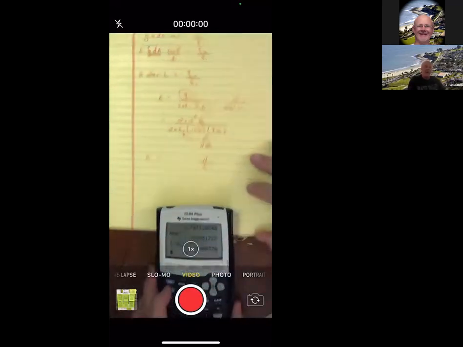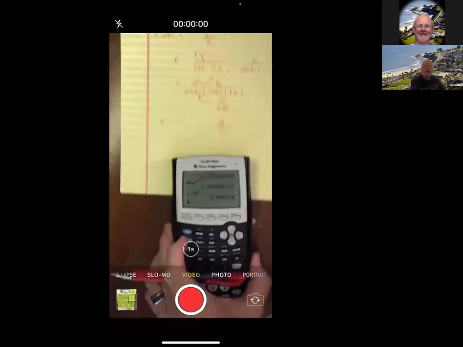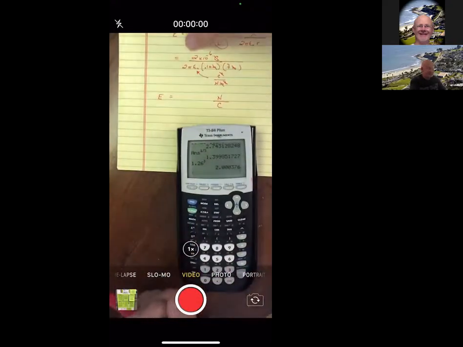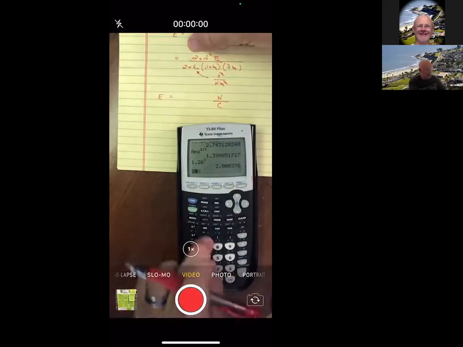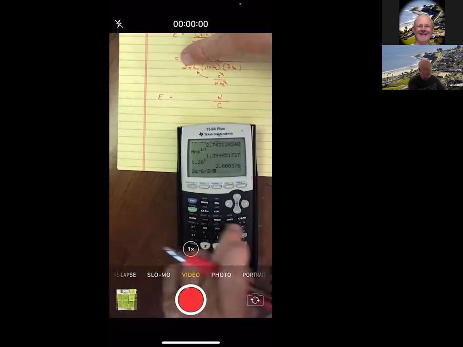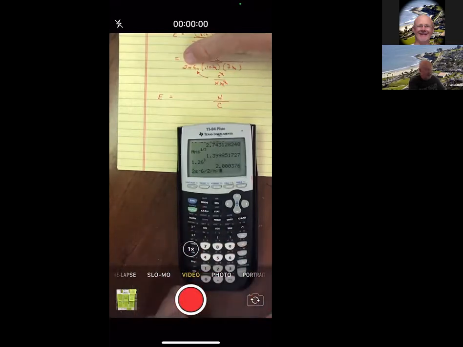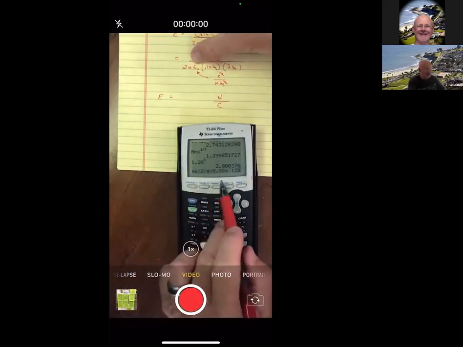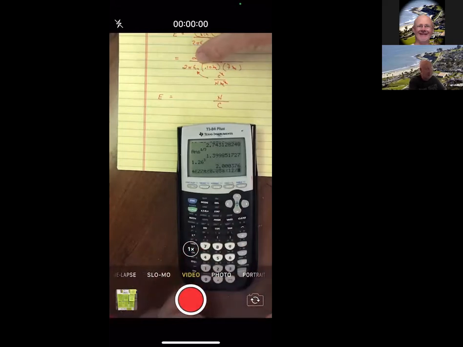So if I grab my calculator now, on the top I have 2 times 10 to the minus 6. I'm going to divide that by a 2. I'll divide that by a pi. I'll divide that by epsilon naught, which is 8.85 times 10 to the minus 12.